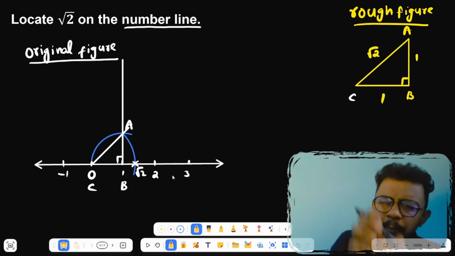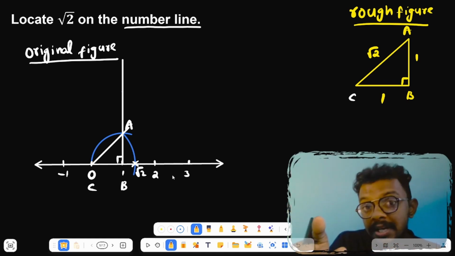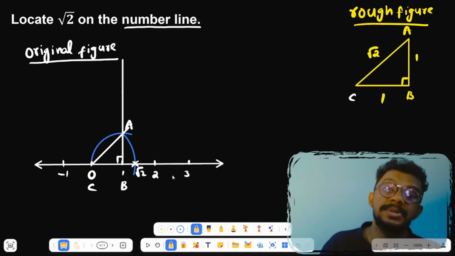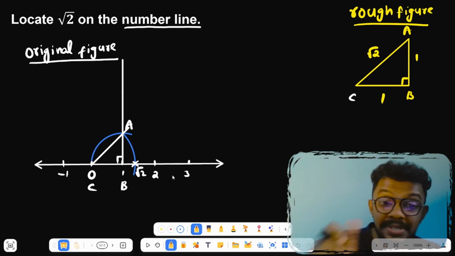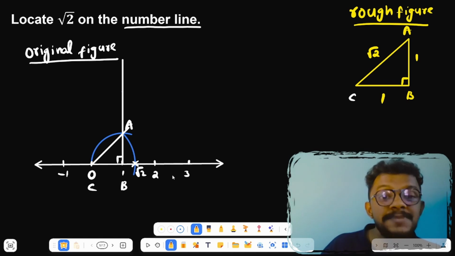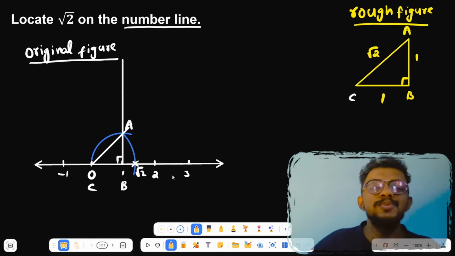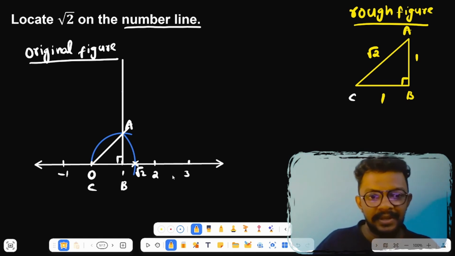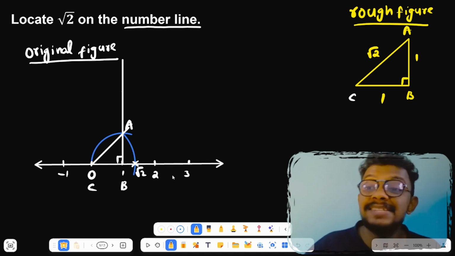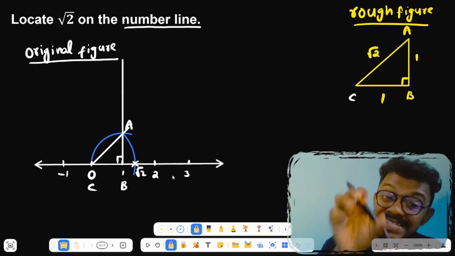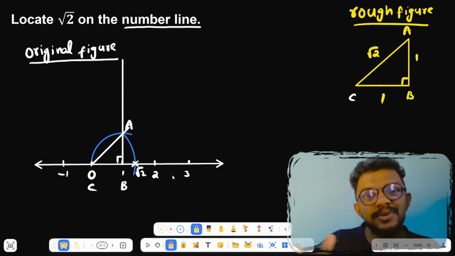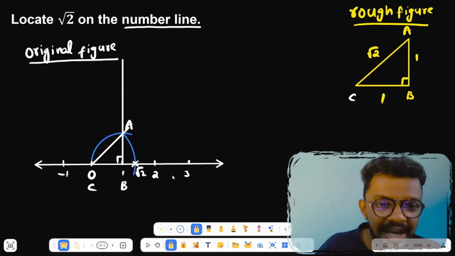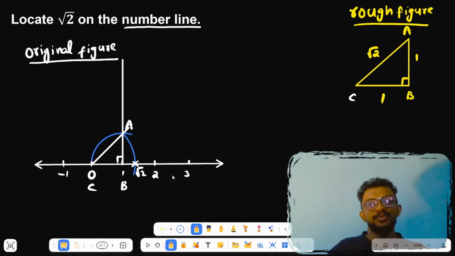If in order to reproduce the same value somewhere else, I will use a compass. I got CB as 1 unit. In order to represent that CB as BA, I used a compass. I got CA as root 2 unit. In order to represent that CA somewhere else, from 0, I used a compass. So like that, I got root 2 unit.